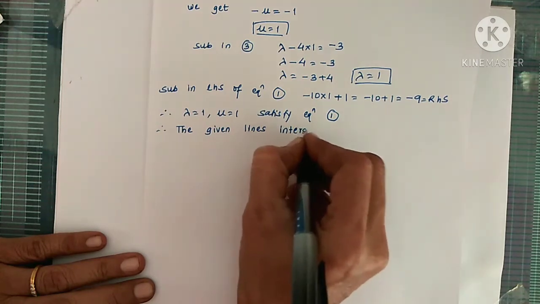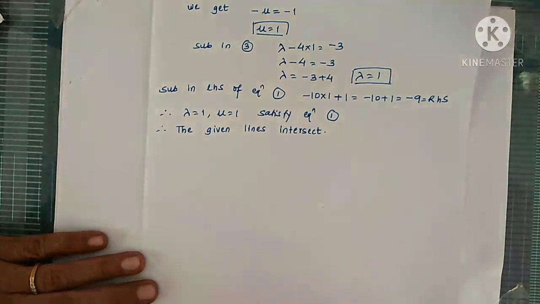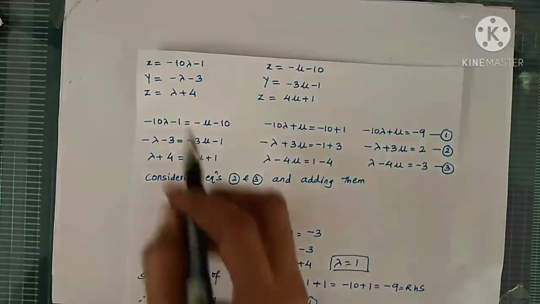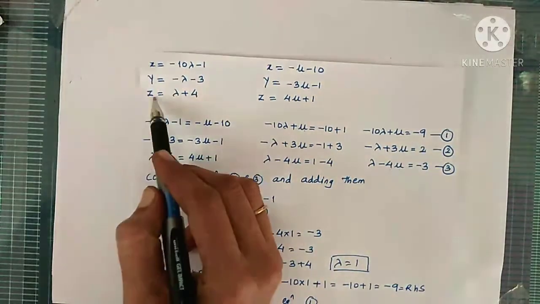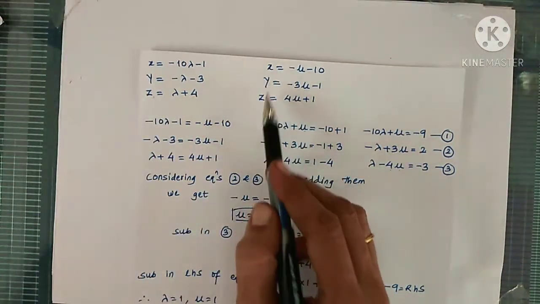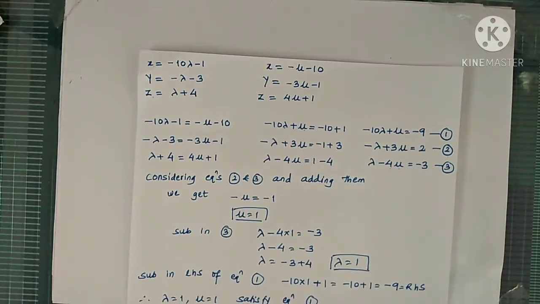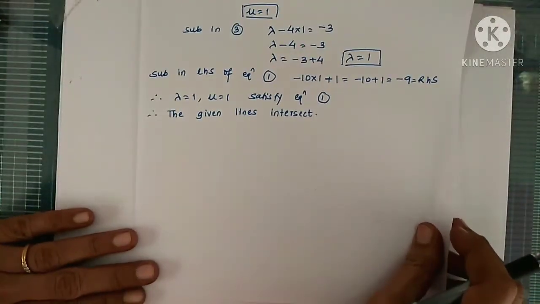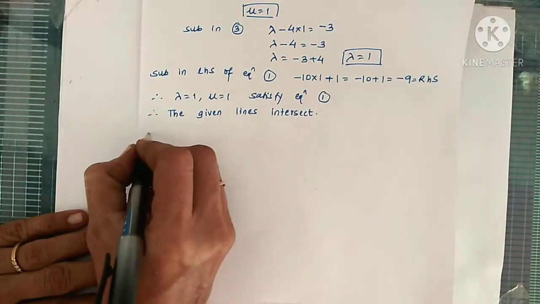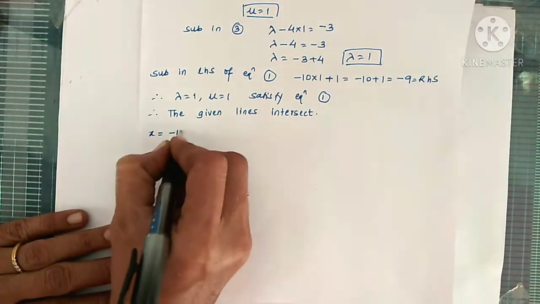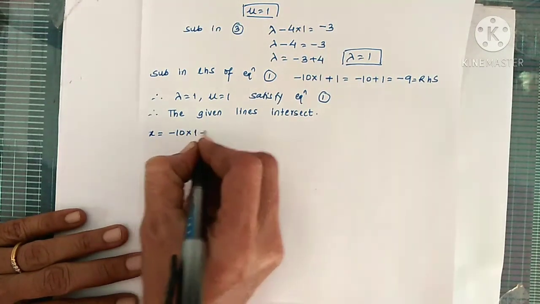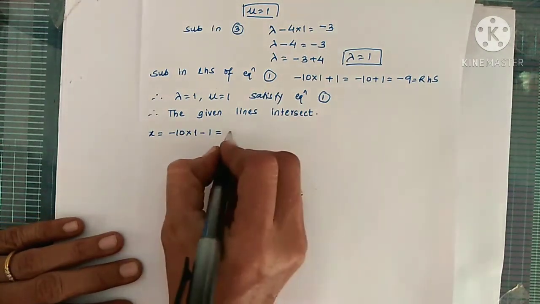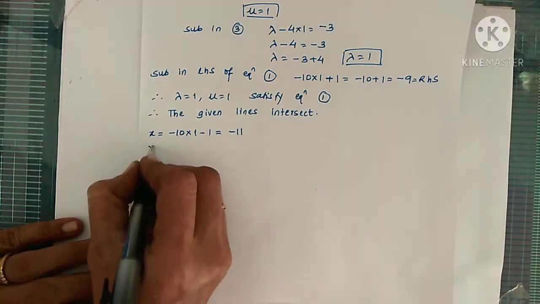And now to find their point of intersection, we have these x, y, z for the first line and these x, y, z for the second line. Substituting lambda and mu in these equations, we can find the coordinates. You can solve for lambda or for mu. So x is equal to minus 10 into 1 minus 1, that is minus 10 minus 1 gives us minus 11.